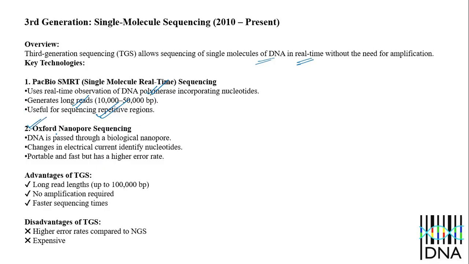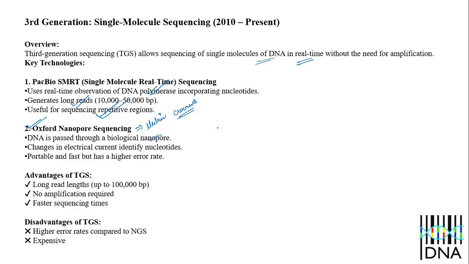In Oxford Nanopore sequencing, we target the electric current change. Whenever a nucleotide binds, the current will change, and we detect this change in current with the help of a detector. In this technology, we pass the DNA molecule through a nanopore.